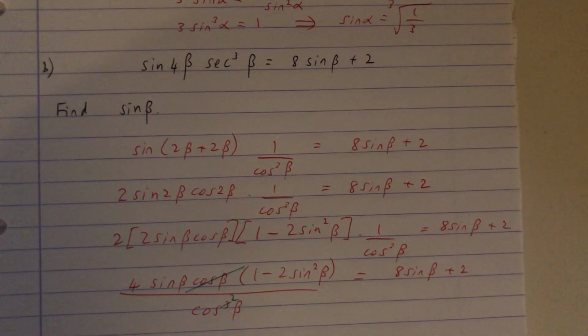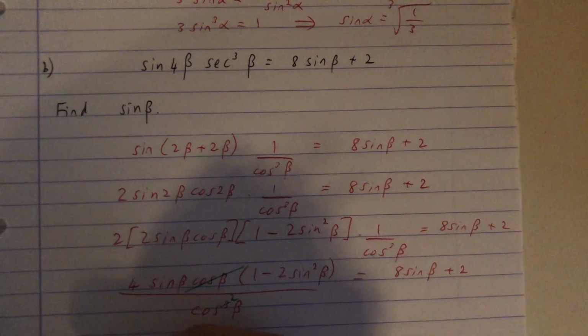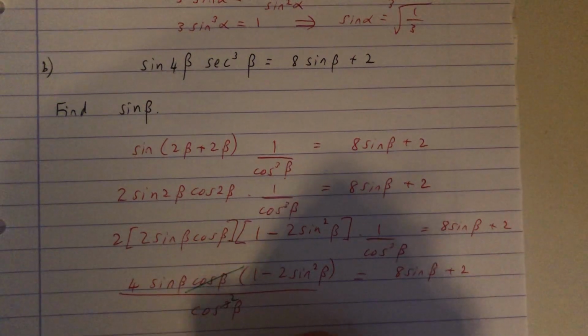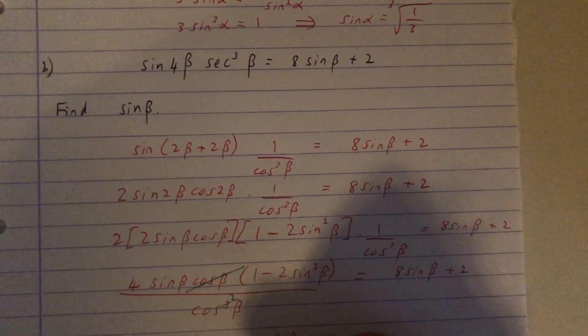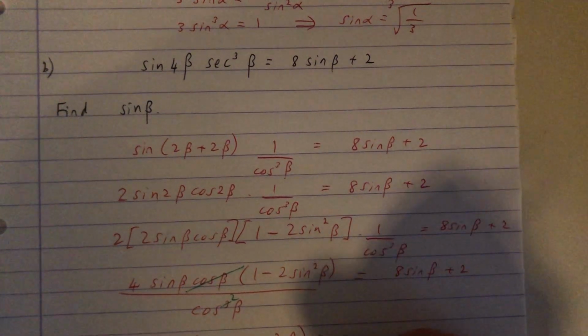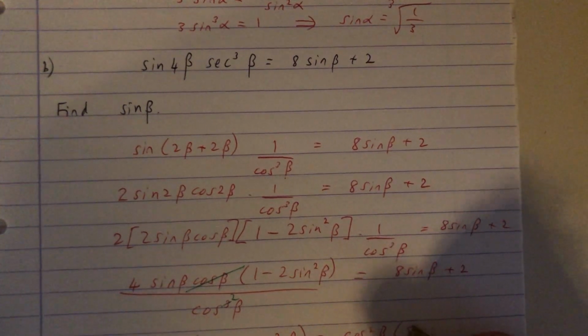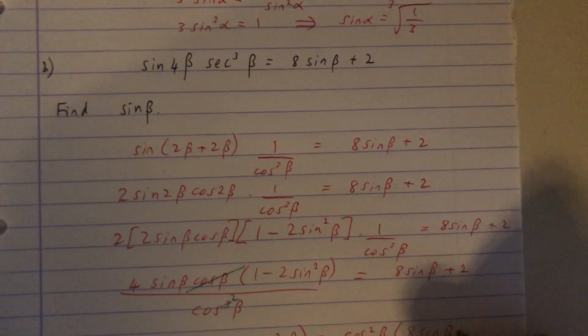Now I'm going to multiply by the denominator. 4 sine beta (1 minus 2 sine squared beta) is equal to cos squared beta times (8 sine beta plus 2).